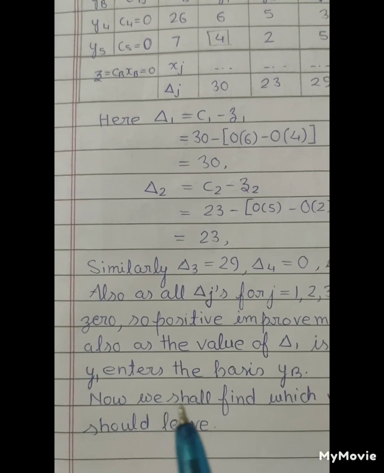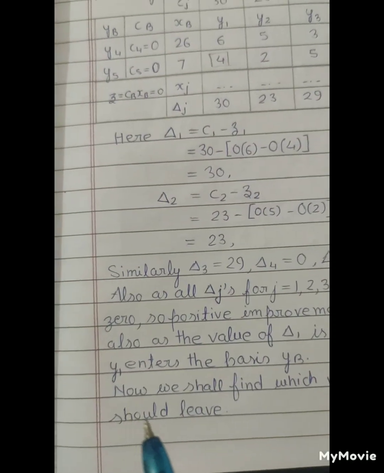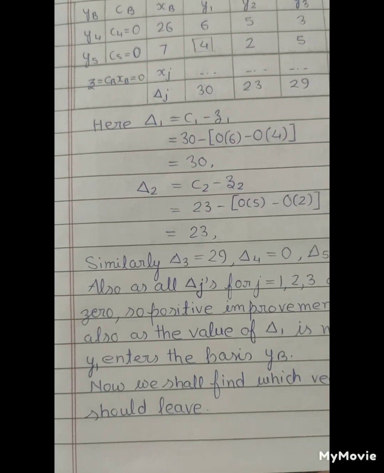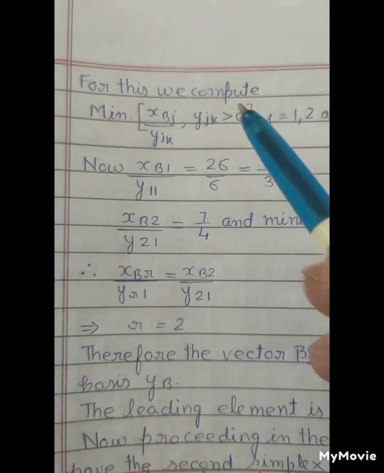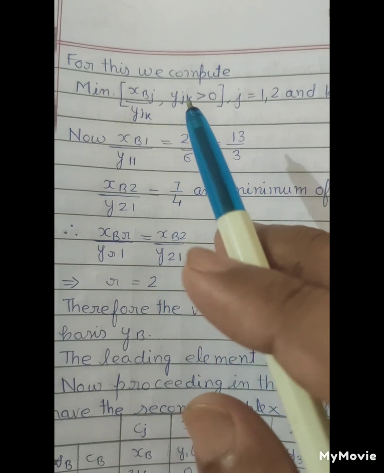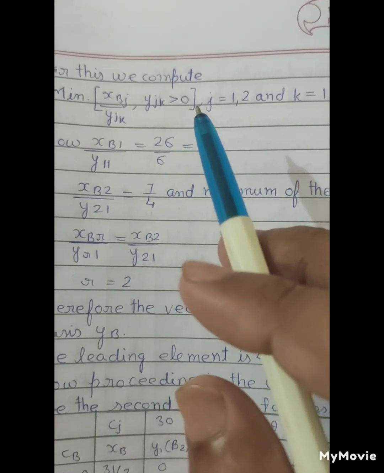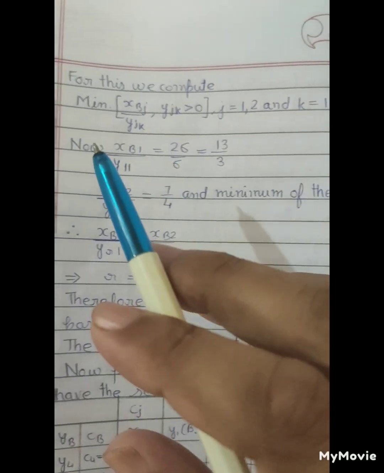Now we shall find which vector of the basis yb should leave. For this we compute the minimum of xbj upon yjk, with yjk greater than 0, where j equals 1, 2 and k equals 1.